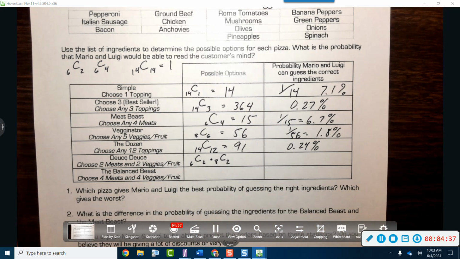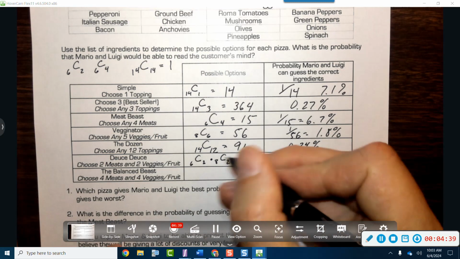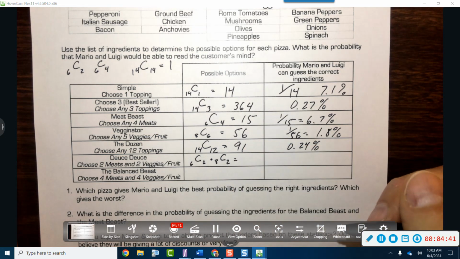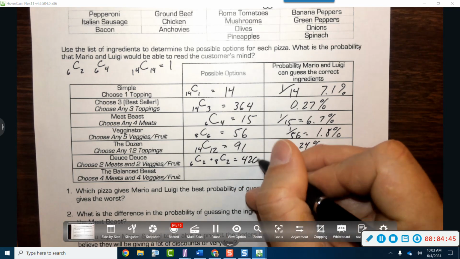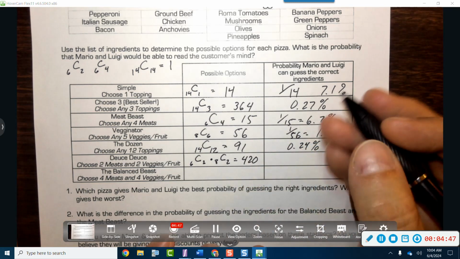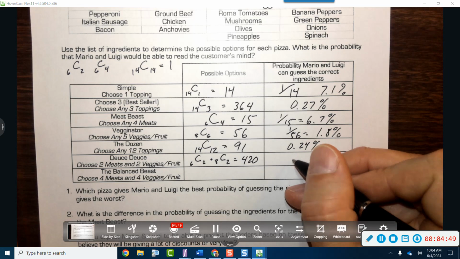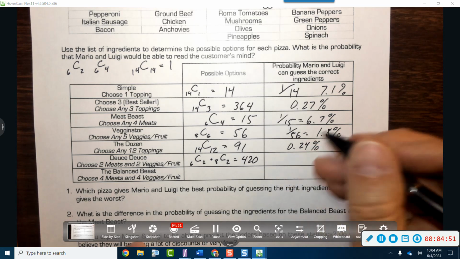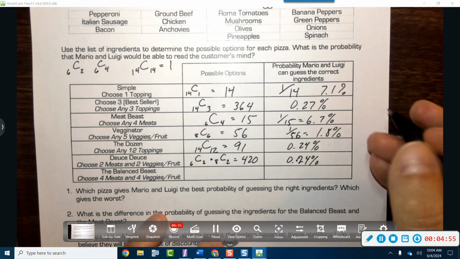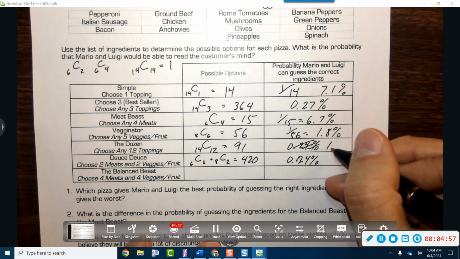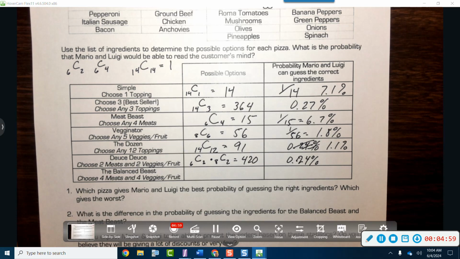Put those two together, and that would be a multiplication situation. That actually equals 420. And 1 over 420 is, wait, did I do that wrong there? Oh, you know what? This is 0.24%, and this guy is 1.1%.